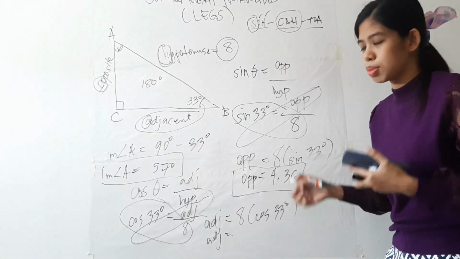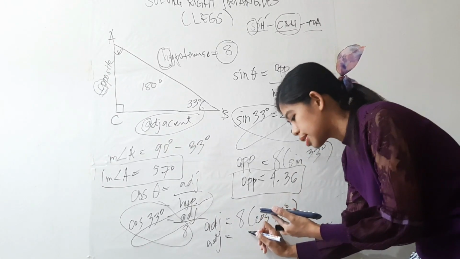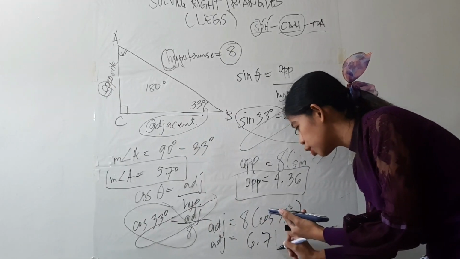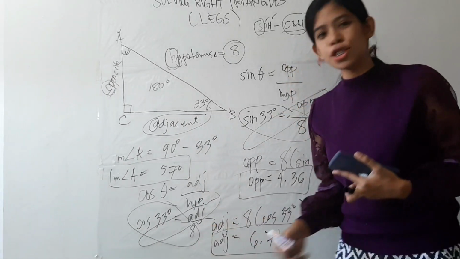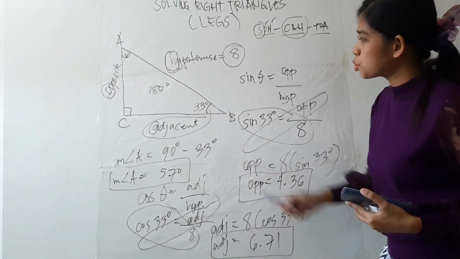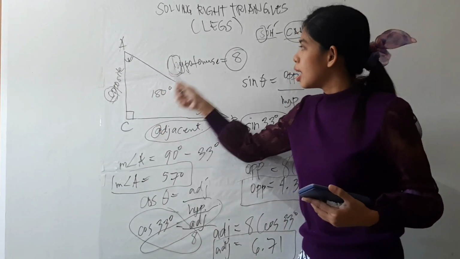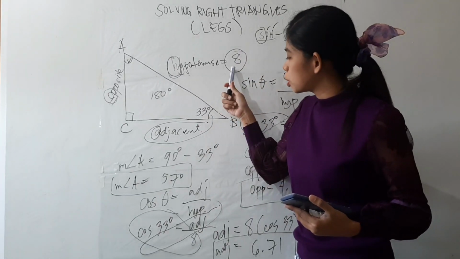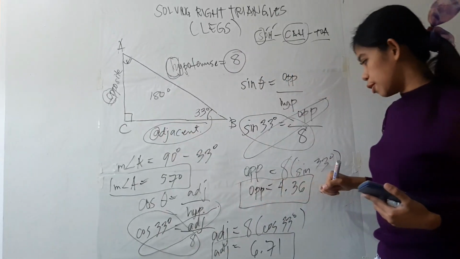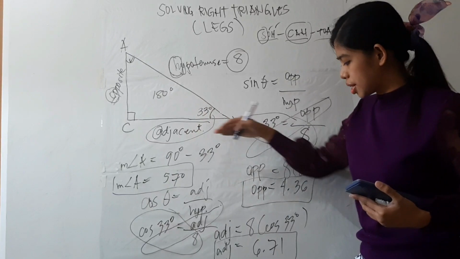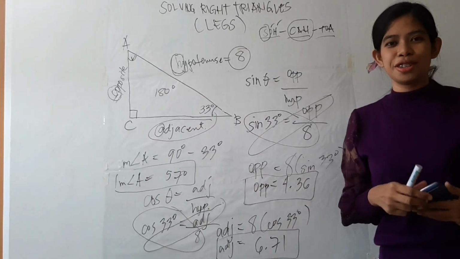Again, your answer must be rounded off to the nearest hundredth, so that's 6.71. So that's it. We already have the measures of the angles A, B, and C, and the measures of the sides: hypotenuse, which is 8, opposite, which is 4.36 units, and adjacent, which is 6.71 units.